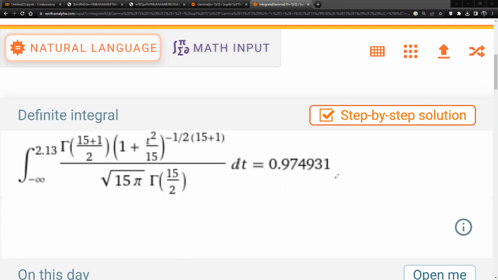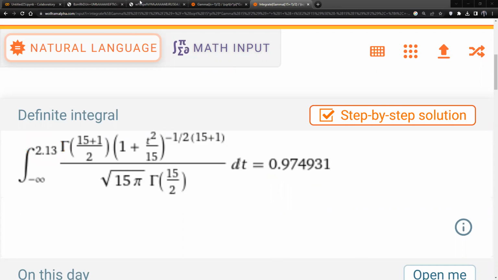When we're calculating probabilities of continuous random variables, we can equate their probabilities with the area under their probability density function. So in fact, this is the value of the CDF at 2.13, 0.97.